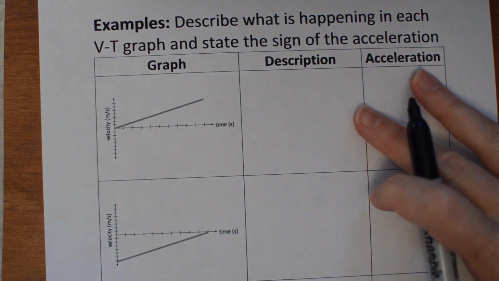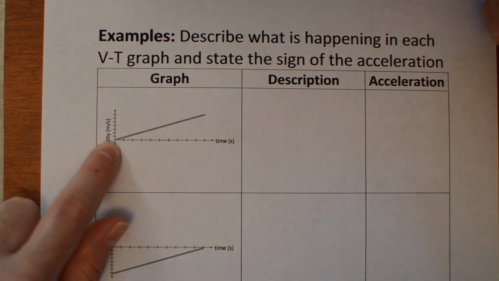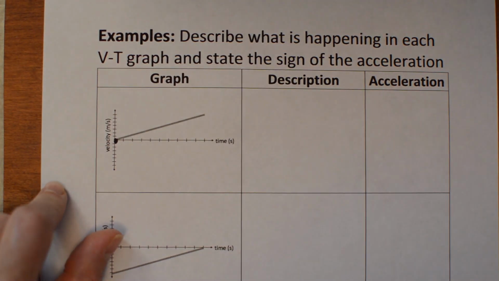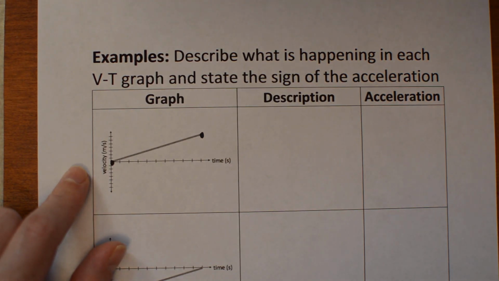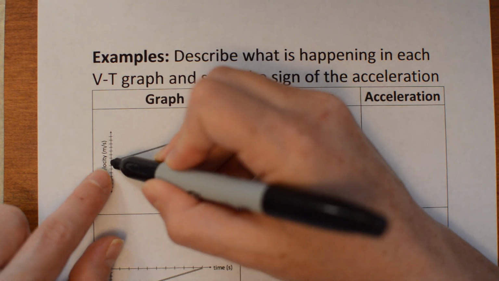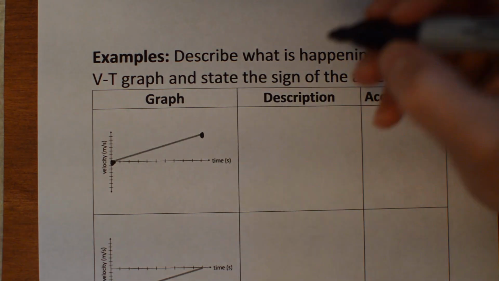Let's say we have a sloped line on a velocity time graph, so maybe something like this. What we see here is we're starting out at 0 velocity right here, and we're reaching some positive velocity value forward. So if we started out stopped, and then we get faster and faster and faster forward, what we're doing is speeding up in the forwards direction.